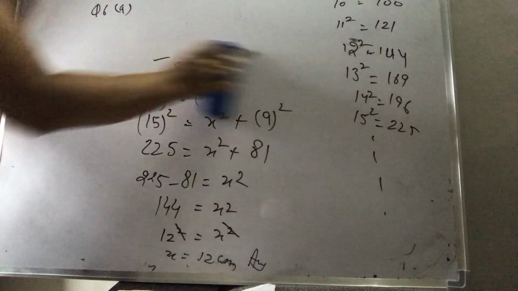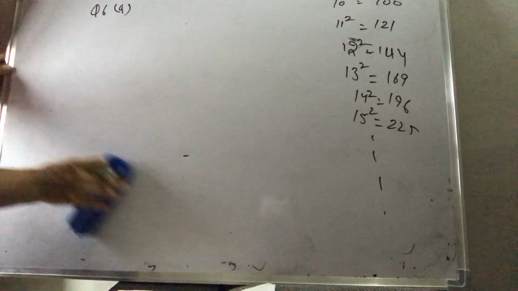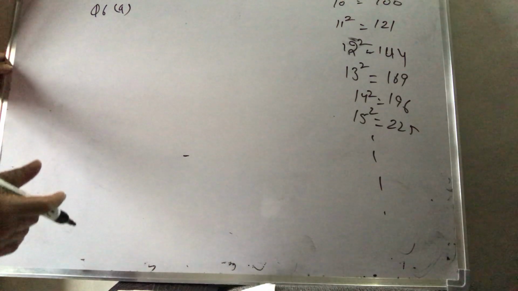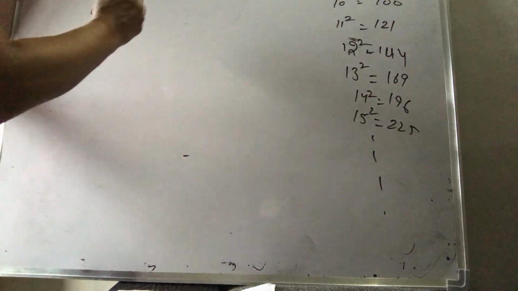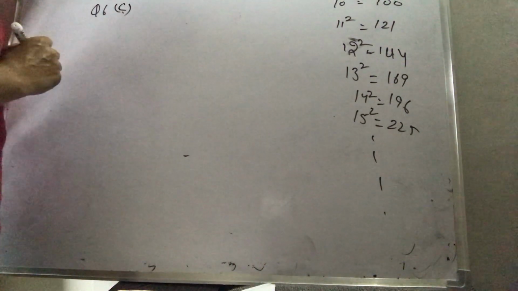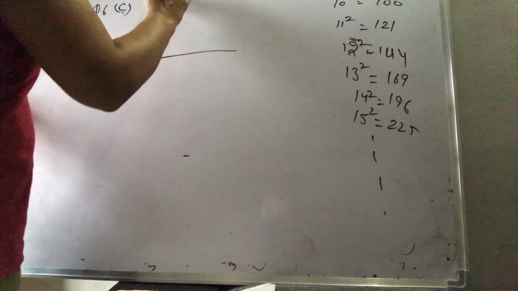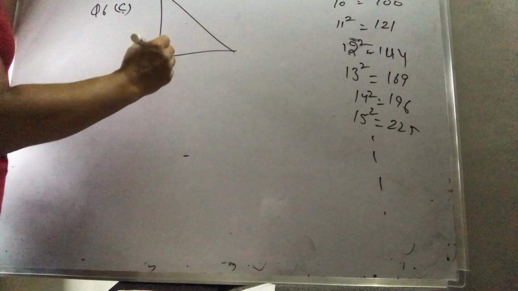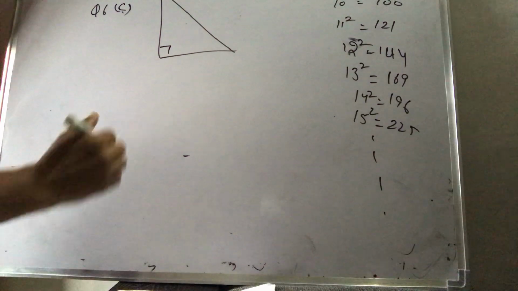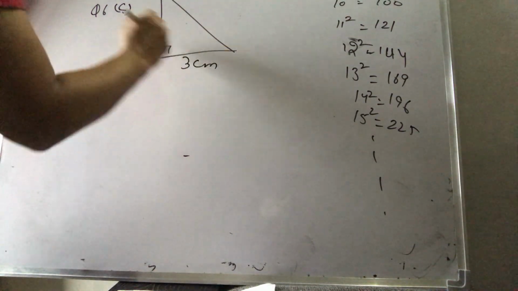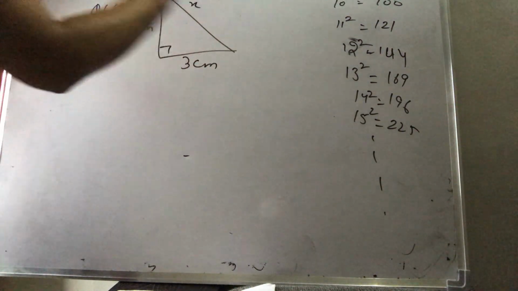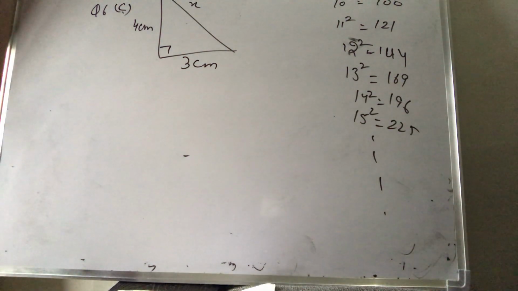Look at the C part now. Question number 6, C part. It is a right angle triangle given to you. We are given the base as 3 centimeter and height as 4 centimeter, and the hypotenuse is x centimeter.